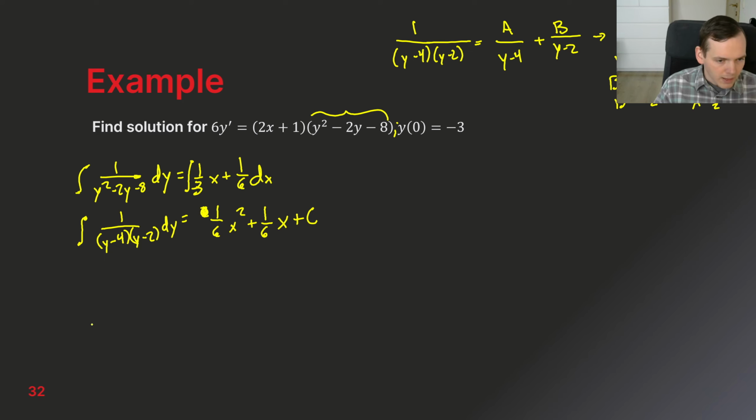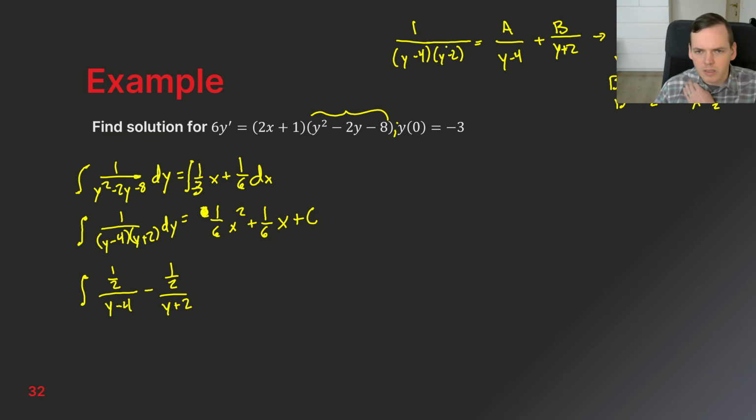Okay. And then coming back here, that means we get the integral of 1/6 over y minus 4 minus 1/6 over y plus 2. I have completely botched that. I am sorry for the sloppiness there. That's what you get for trying to do too much in your head.